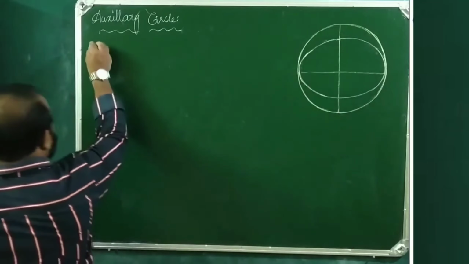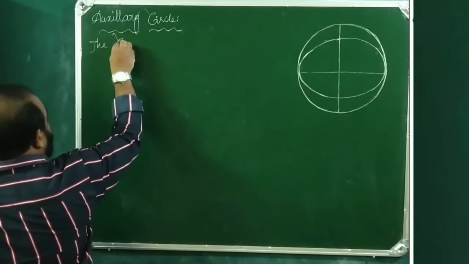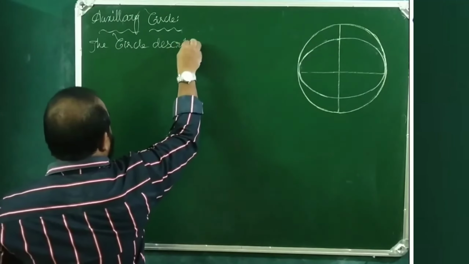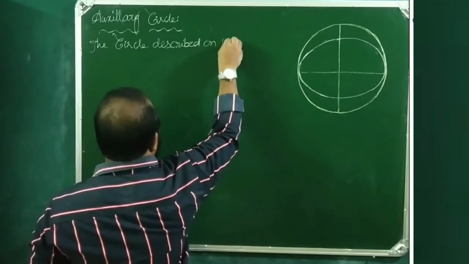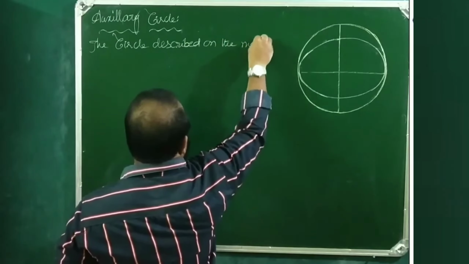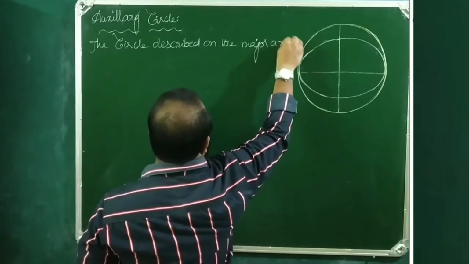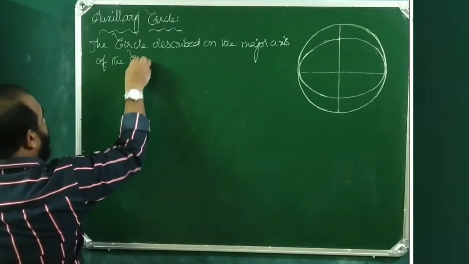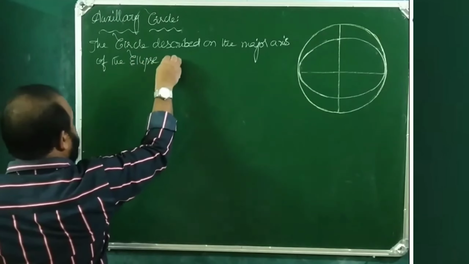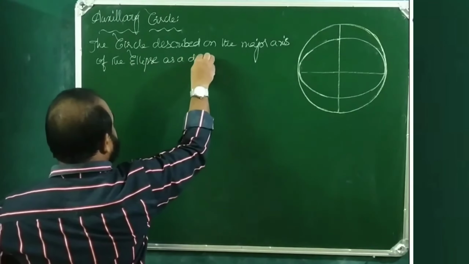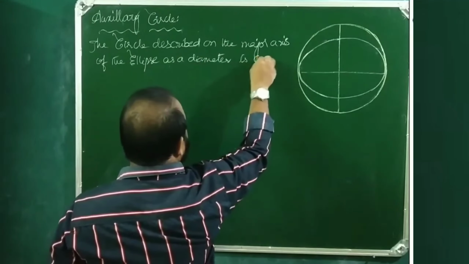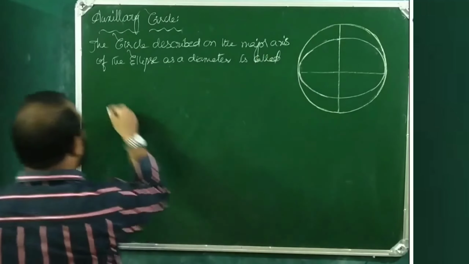So the circle described on the major axis of the ellipse as a diameter is called the auxiliary circle.